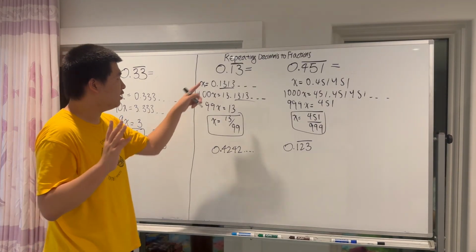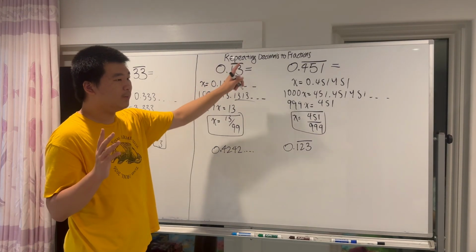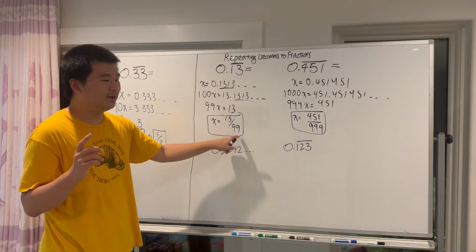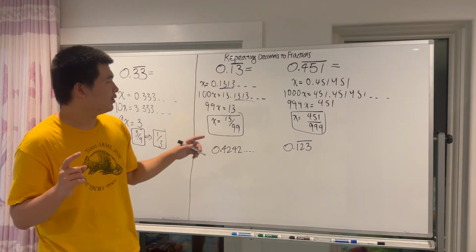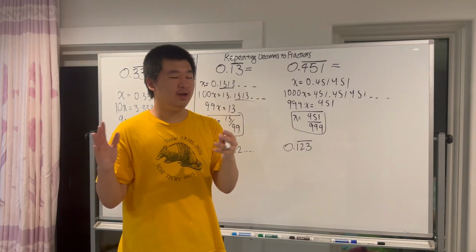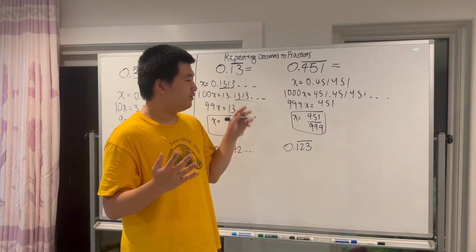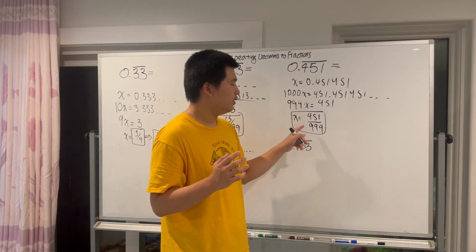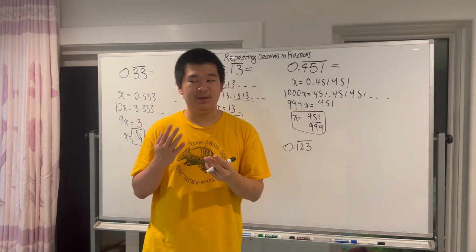So for example, here we have 13 and we have 2 repeating digits, so it's 13 over 99. Here we have 451, and 4, 5, and 1 are repeating, so we have 3 repeating digits, so it's 451 over 999. Hopefully that makes sense.